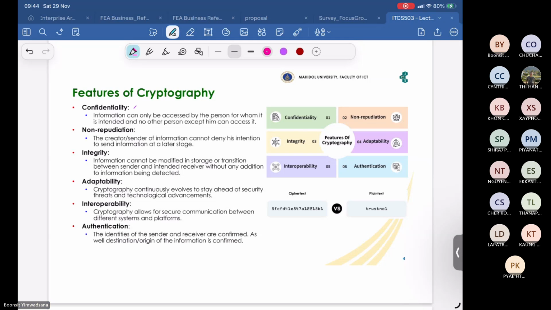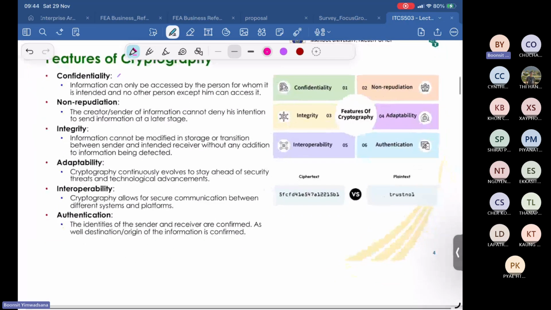So the integrity can be broken if we use a cryptographic algorithm correctly and cleverly. Adaptability. Cryptographic algorithms, we can use it in different scenarios. A good example is username and password, just like what I said earlier, or even symmetric or asymmetric key cryptography.